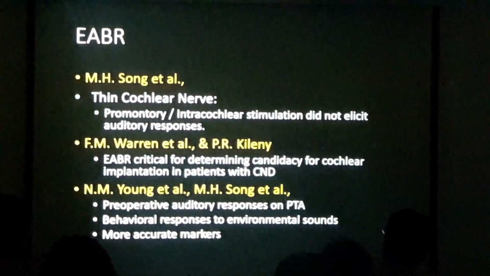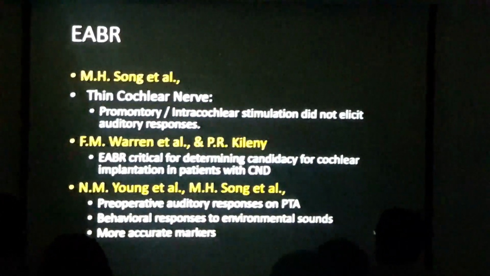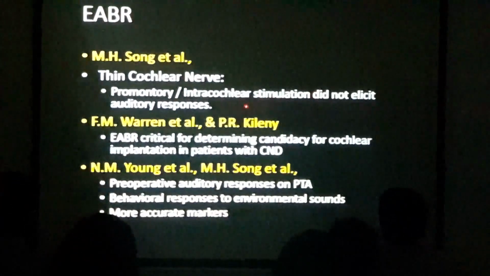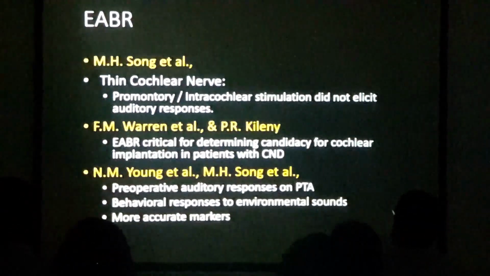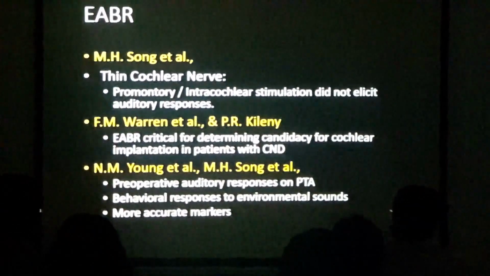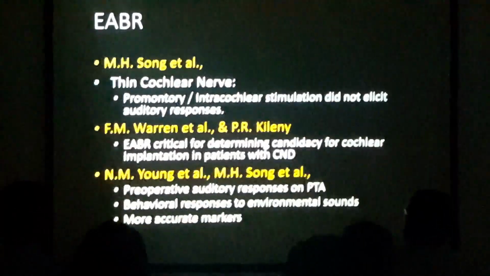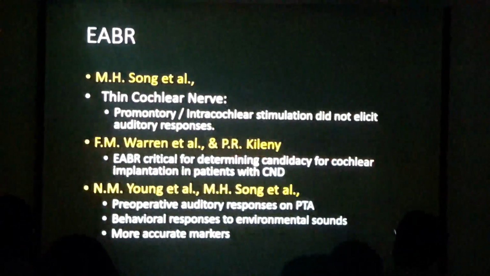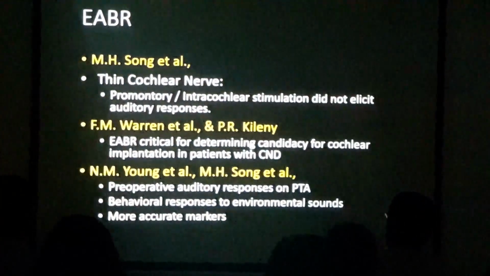There are a lot of studies, and Song et al. did a promontory electrical stimulation test, and they found there was no auditory response. There was no V wave at all. Whereas Warren et al. and others found that EABR is critical for determining candidacy for implantation.